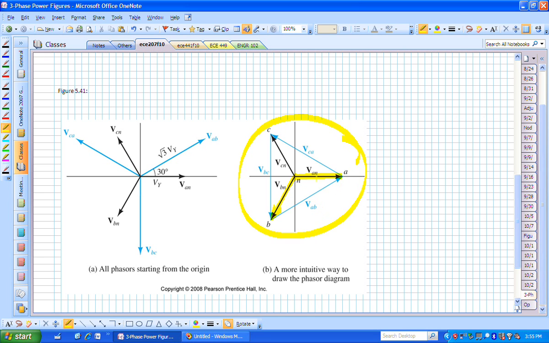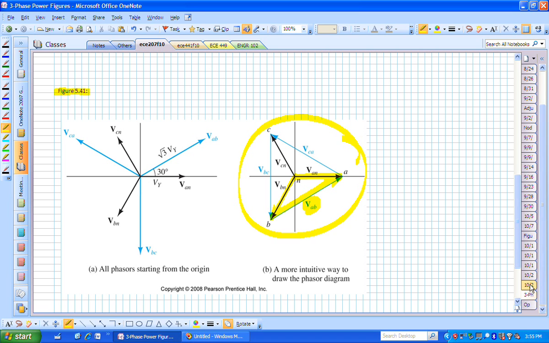And now that particular line is going to be that in magnitude. There's your V sub AB, if that's easier for you to think about. You now have these phase voltages inside these bigger line voltages. And that's figure 5.41 in the text. That's just a way to view it graphically.